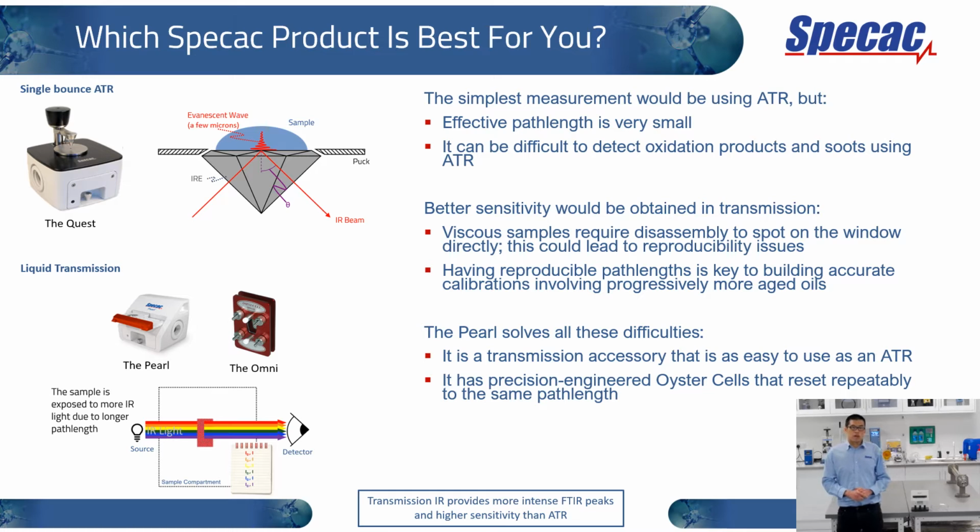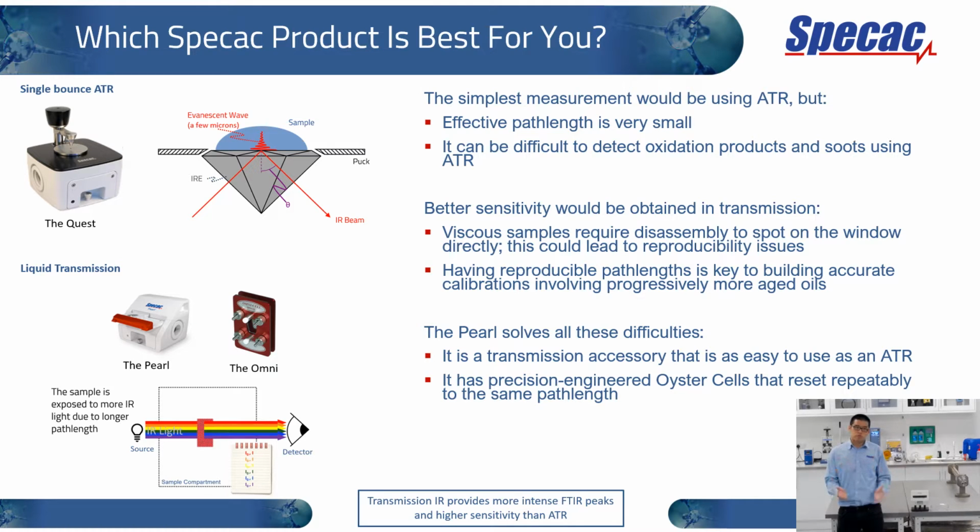So in this slide, we talk about which SpecAc product is best for you. At SpecAc, we specialize in a wide range of FTIR accessories, as you might already know, with our single bounce ATR in the Quest or the Golden Gate being very popular products within research and industry across the globe.